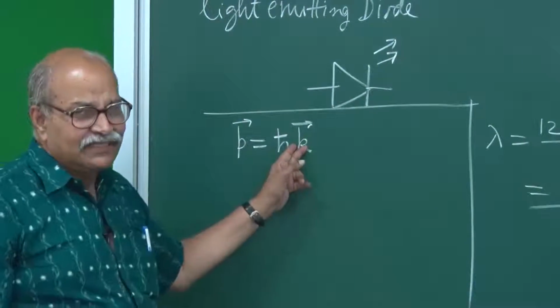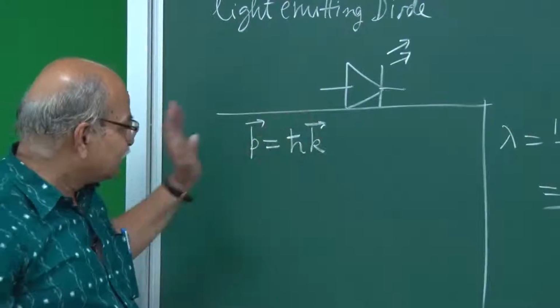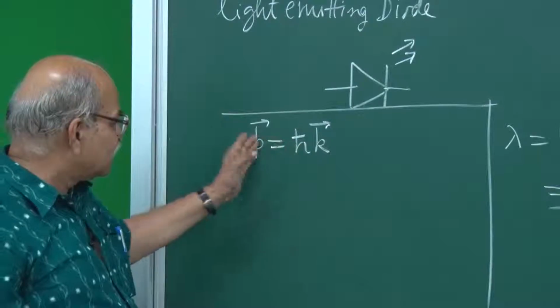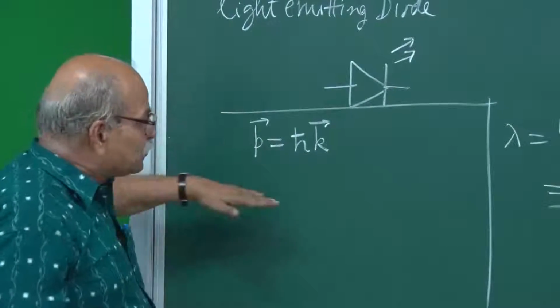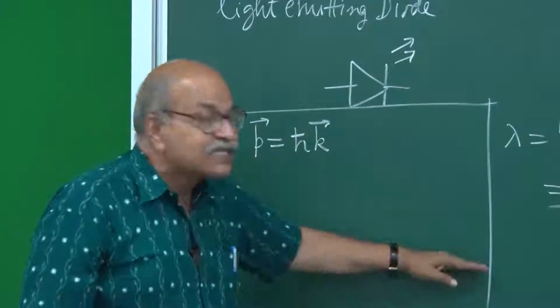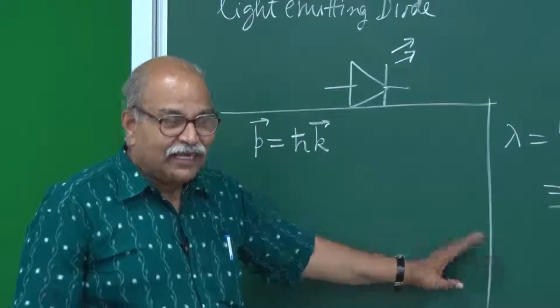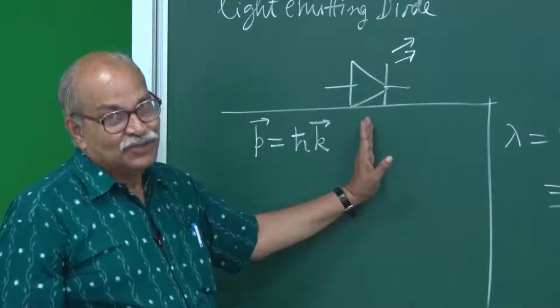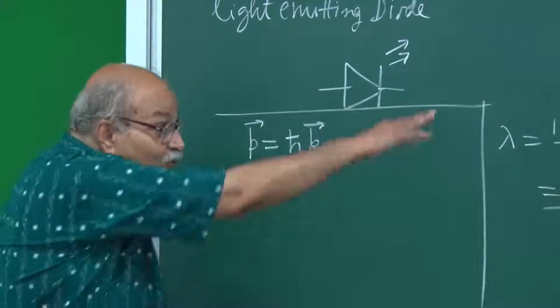So you can just say k is the momentum vector, which multiplied by h cross gives you the momentum, and energy depends on that. If you take energy versus k, with k on the horizontal direction and energy in the vertical direction, then the band diagram will not look like that.